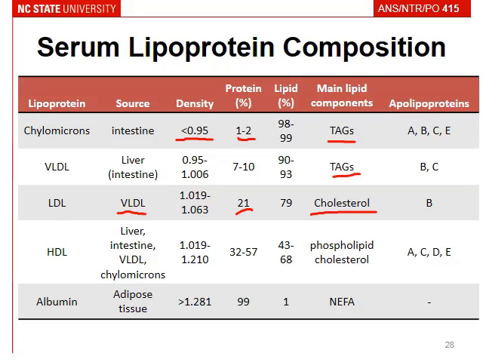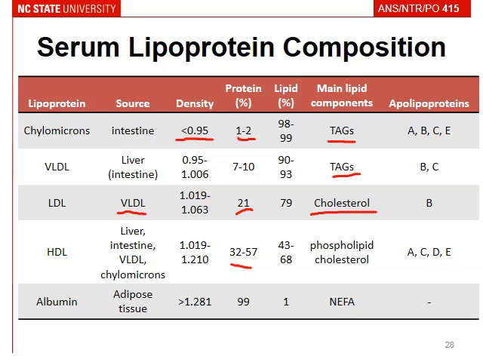You can see the highest percentage of protein, and the lipid components within it are mainly going to be phospholipid and cholesterol, and it's similar to chylomicrons, with all the same apolipoproteins. So the way that we distinguish our chylomicrons from our HDL is based off of the size.